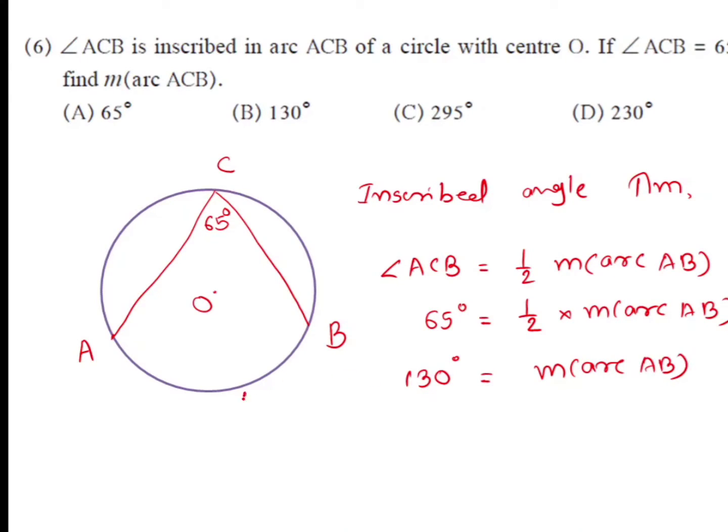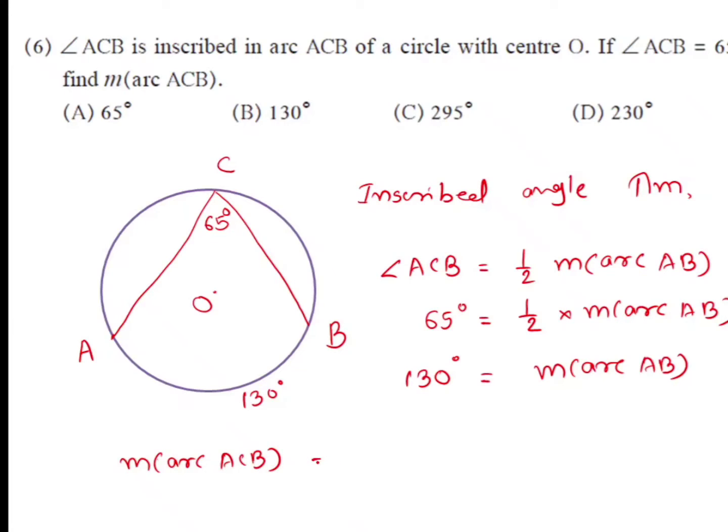Now measure of this arc AB is 130 degree, but the question is we have to find measure of arc ACB. Now if we add arc AB and arc ACB, we get the whole circle, and we know that the measure of a circle is 360 degree. So if we subtract 130 from 360, we will get the measure of arc ACB.